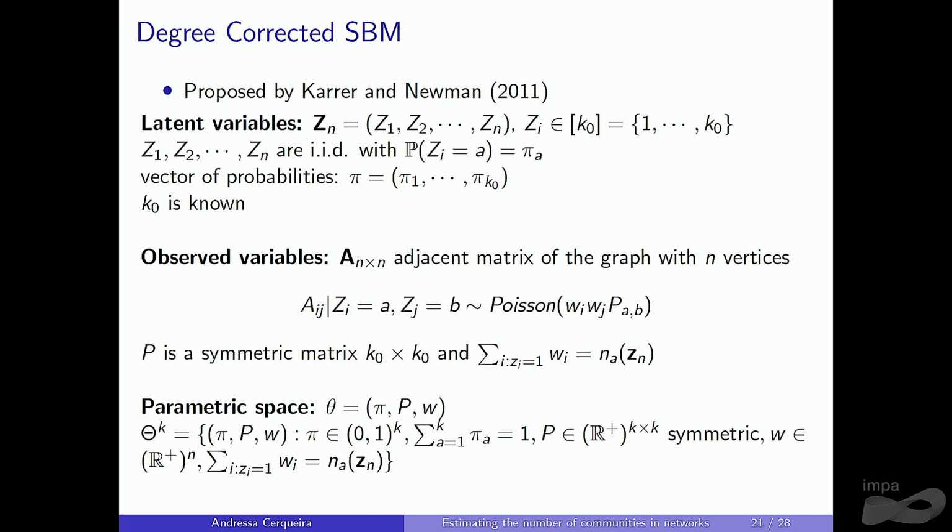Here I'm using W for these parameters, right? For identifiability of this model, they need to suppose that if you sum these popularity parameters in a community, this should give the number of nodes in this community. This is just for identifiability of this model. So for the parametric space, now we have one more parameter, these W's, right?